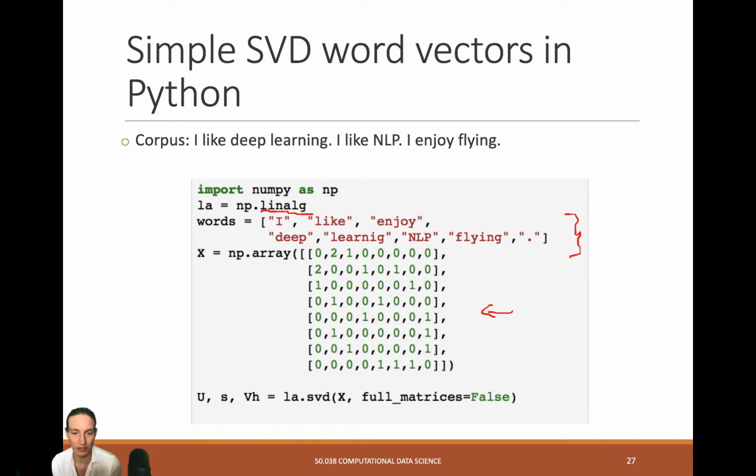You can script it if you'd want. Then from this linear algebra library, we're calling the SVD function and basically feed it X and say we want U, S, and V. That's it. That's what does the SVD. So it's pretty quick to do this in Python.